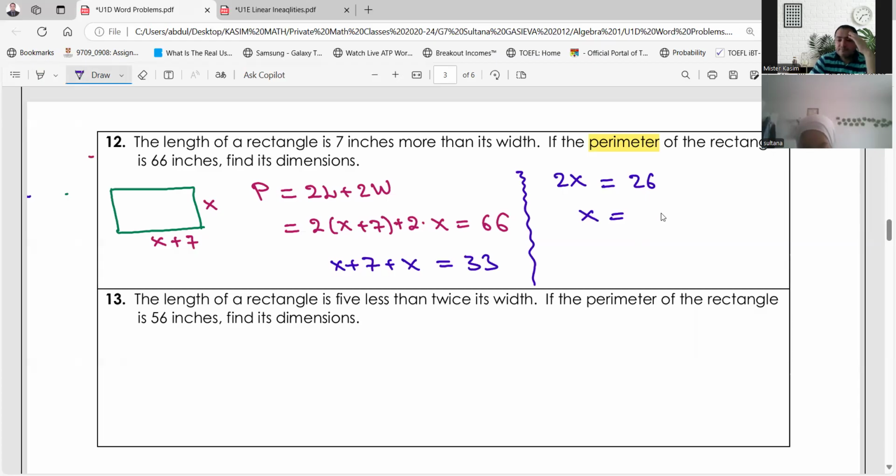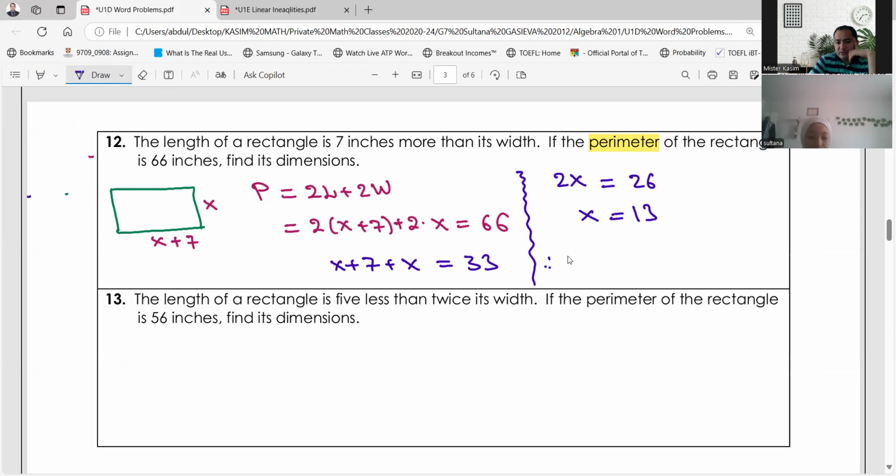What is x? Oh my gosh, 13. Yes, what is 26 divided by 2? Ah, yeah, I forgot.